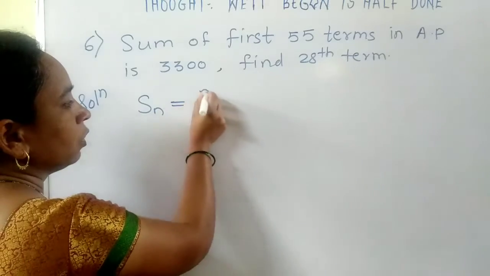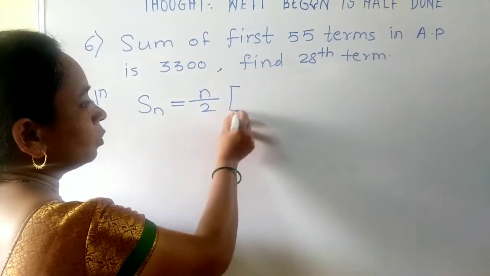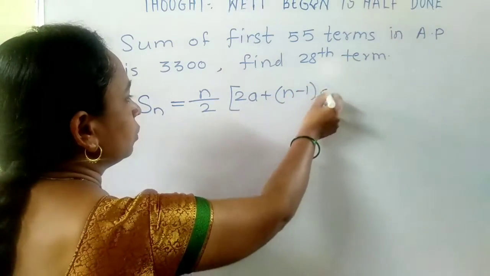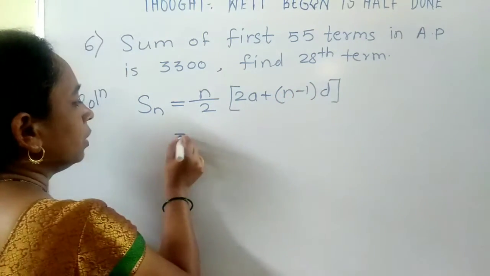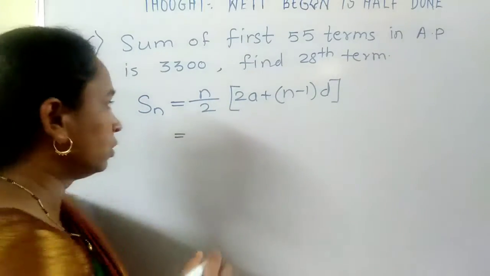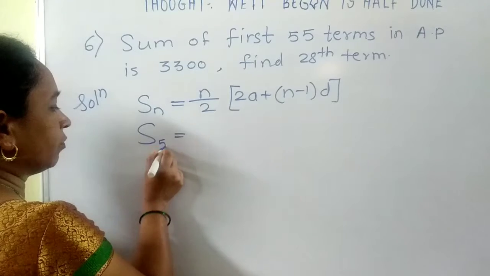Sn is equal to n upon 2 into 2a plus n minus 1 into d. Here they have given the sum of 55 terms, so I will use S55.